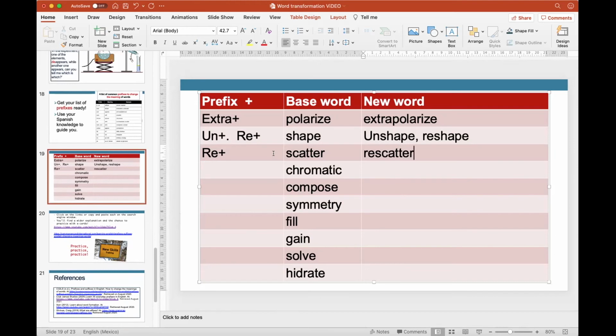Outscatter. Allí sería un verbo frasal que sería dispersar completamente, ¿no? Dispersar totalmente, sacarlo, pero no lo podríamos poner acá. Este ya es un verbo frasal, que es verbo más preposición.